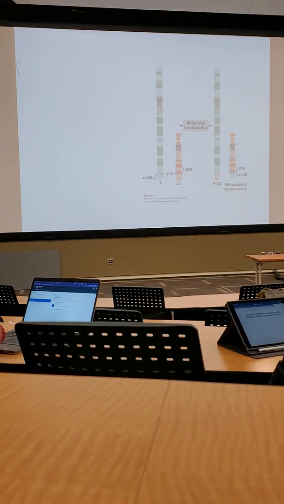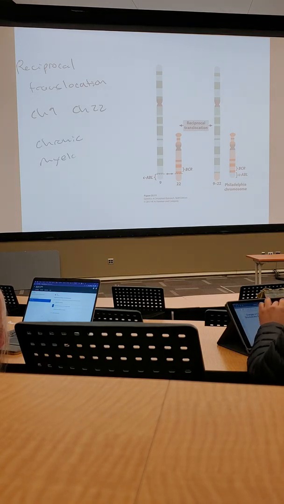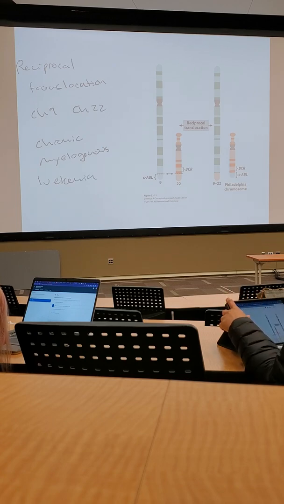So a reciprocal translocation between chromosome 9 and chromosome 22 causes chronic a type of leukemia. I'm not going to try to pronounce that. Right? It's altered the chromatin and DNA methylation of these genes, causing leukemia.